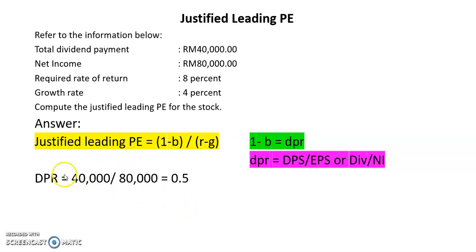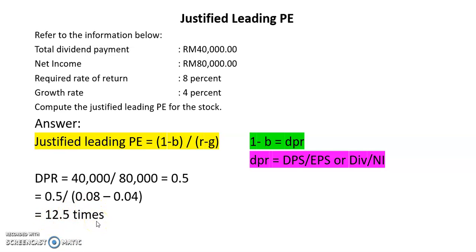We have the value of DPR, and r and g are given, so it's easy. So 0.5 divided by r, which is 8%, minus the growth rate of 4%. So the answer should be 12.5 times.